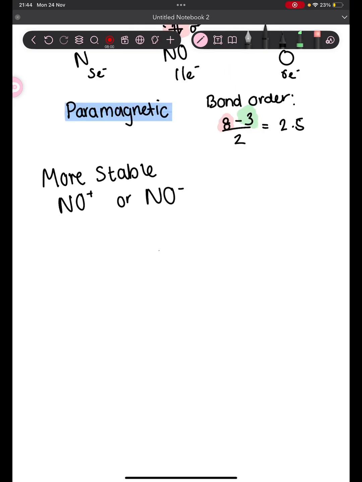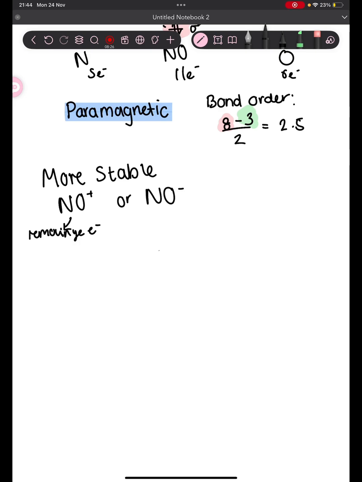Now, as we've worked out bond order, we can also work out which will be more stable. So we've got NO plus or NO minus. For NO plus, we know that we're removing an electron, and the way we'd want to remove it is from the highest energy orbital.